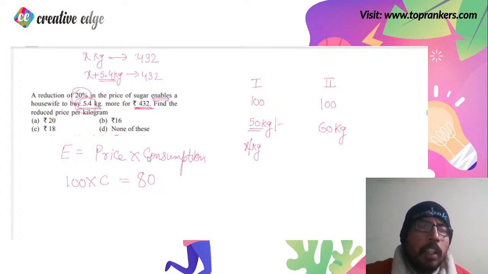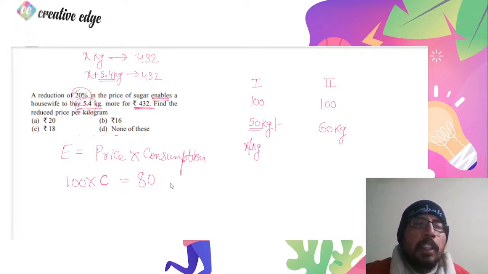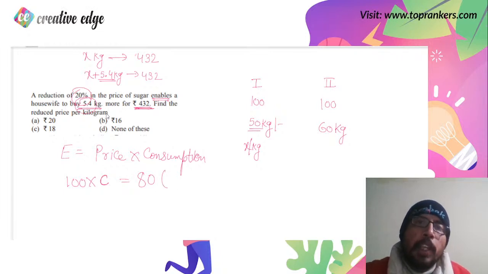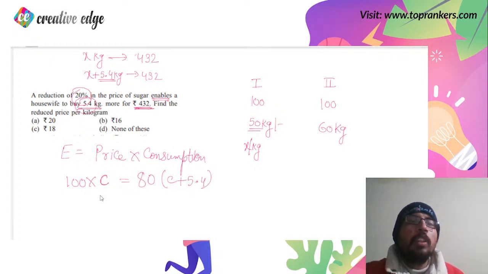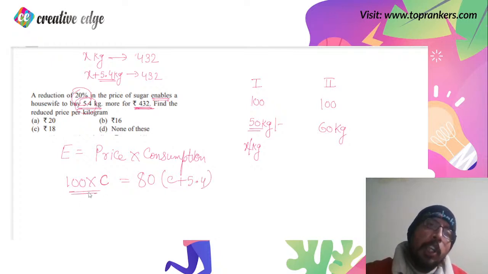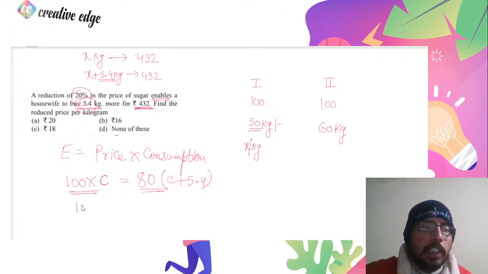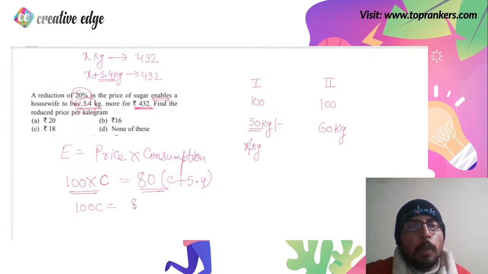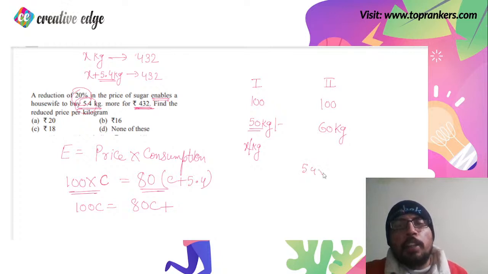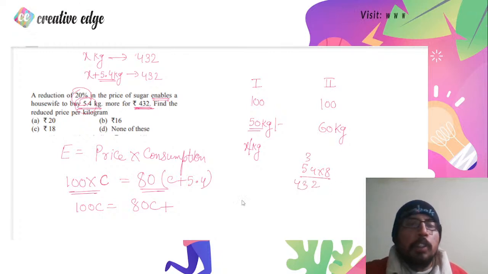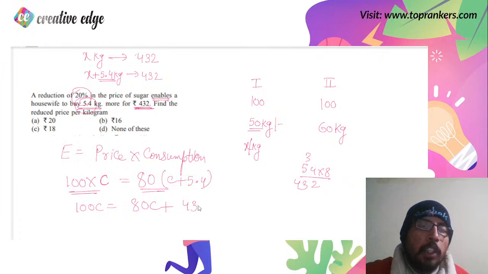Consumption initially was C. This time you are getting 5.4 kg extra, so C plus 5.4. This is prior to reduction, and this RHS is after the reduction. So 100C is equal to 80 times C plus 5.4, which is 80C plus 54 into 8. 8 4s are 32, 2 carry 3, 5 8s are 40, 43, so I will be getting 432.